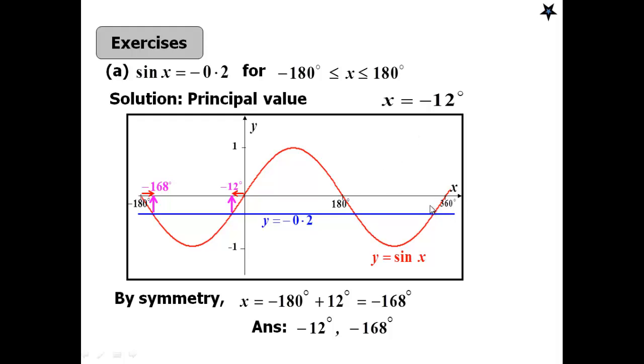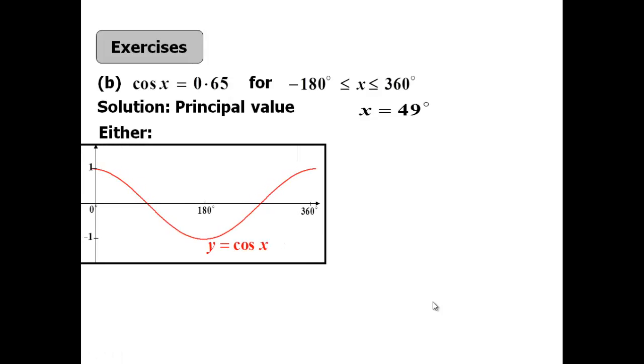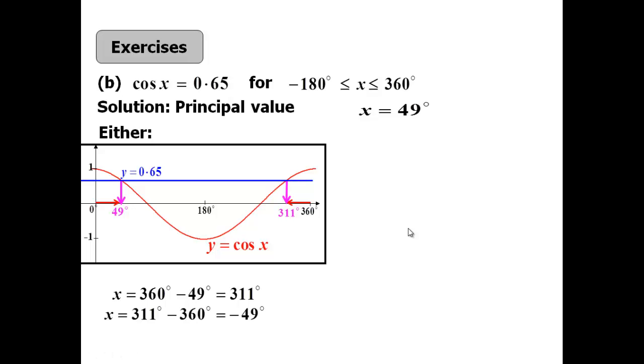These two values are bigger than 180, aren't they? So we get 49 degrees and 311 degrees. If we take 360 off 311, we get minus 49, which does fall into this interval.